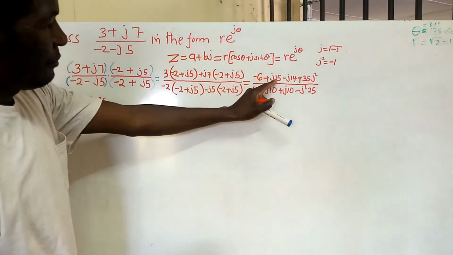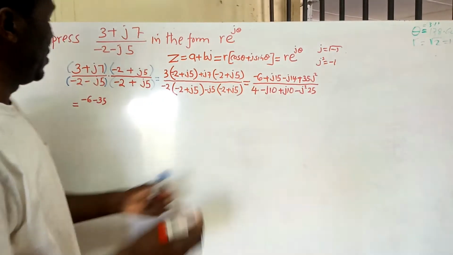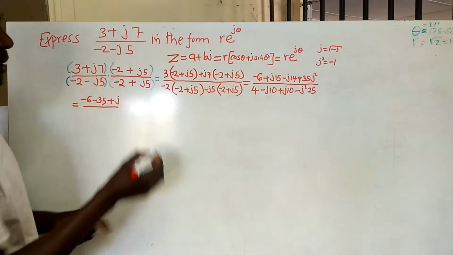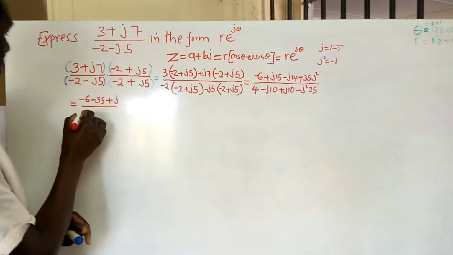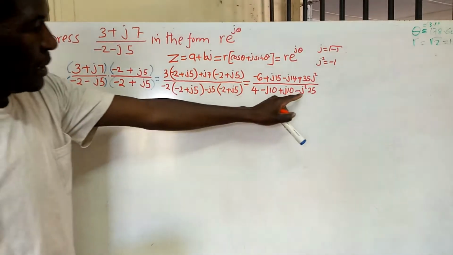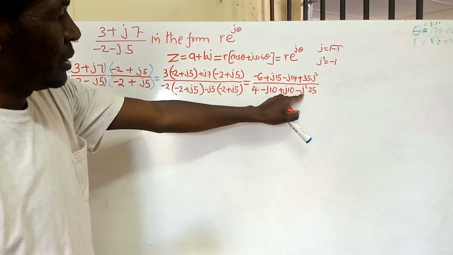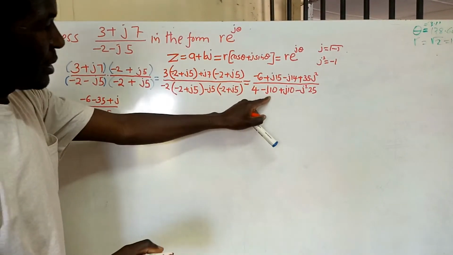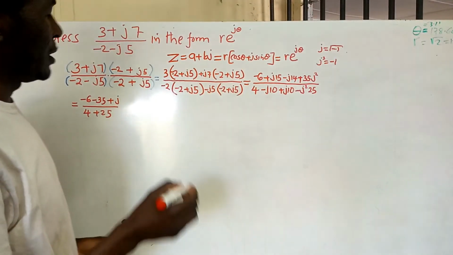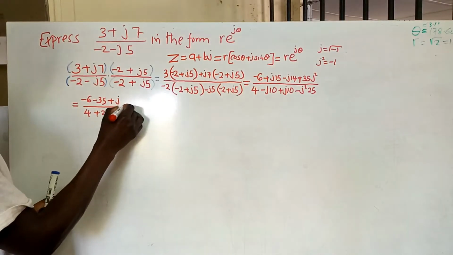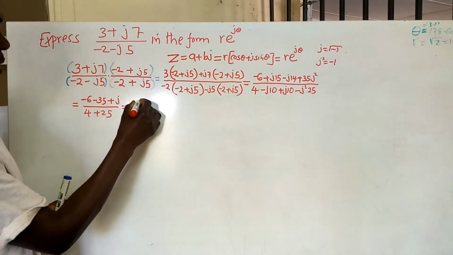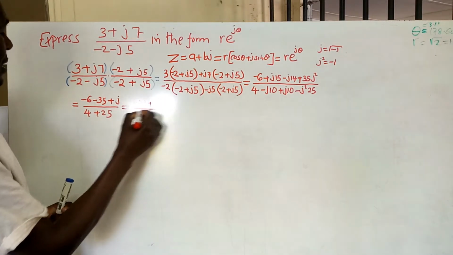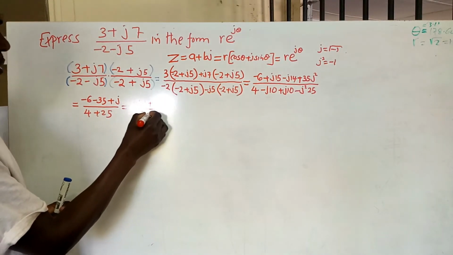Then we have 15j minus 14j gives us plus j. Divide this one by, this is 4, that is j squared, which is -1 plus 25. Because this will cancel with that, because one is positive and the other is negative, and this gives us -41 plus j divided by, this is 29.